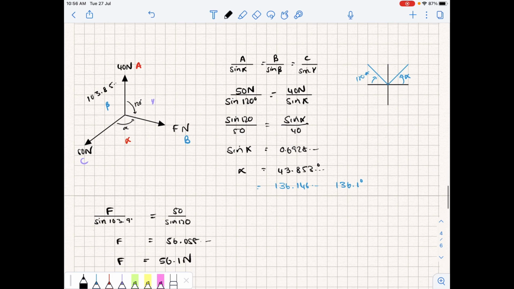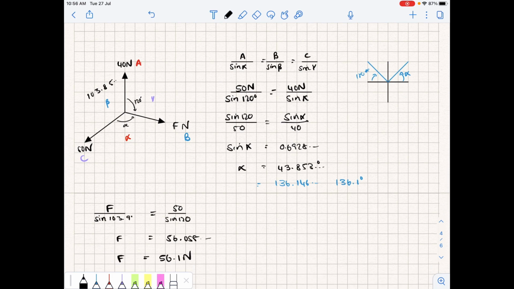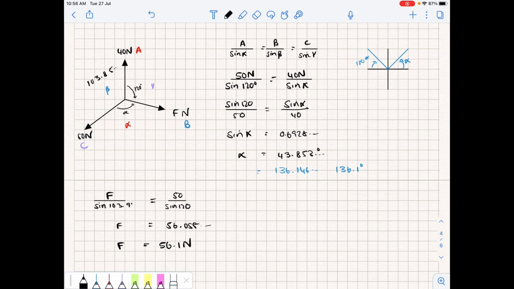I think I spent 70% more time speaking than the actual time it would have taken me to solve the problem just using Lami's theorem. So 4 lines to solve the angle, 2 lines to solve the force. So hopefully you can see why it is so useful to know this when you're dealing with 3 forces in equilibrium.